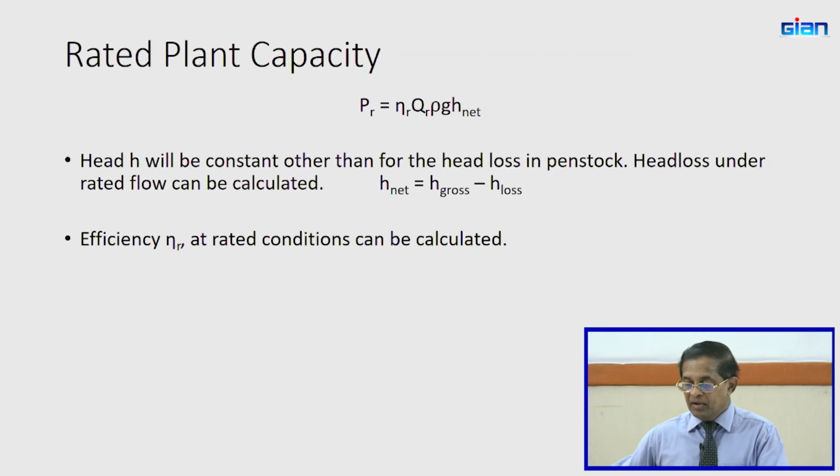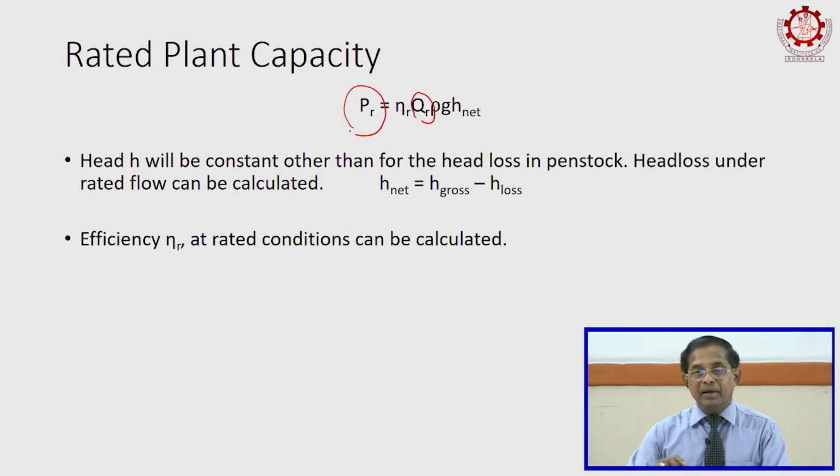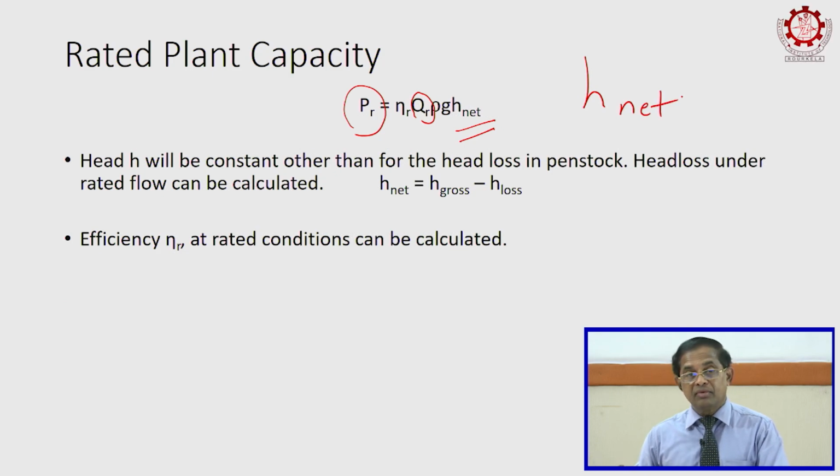rated flow. Now, we know the rated flow rate, therefore, we can calculate rated plant capacity. Here I have used a term called net head, H net, because there are losses in the penstock. So, we introduced a term called gross head, minus head losses, and then calculate net head.